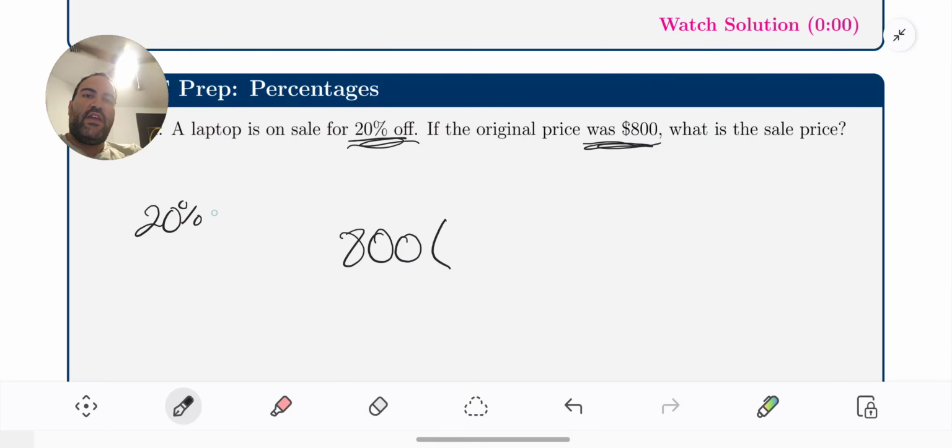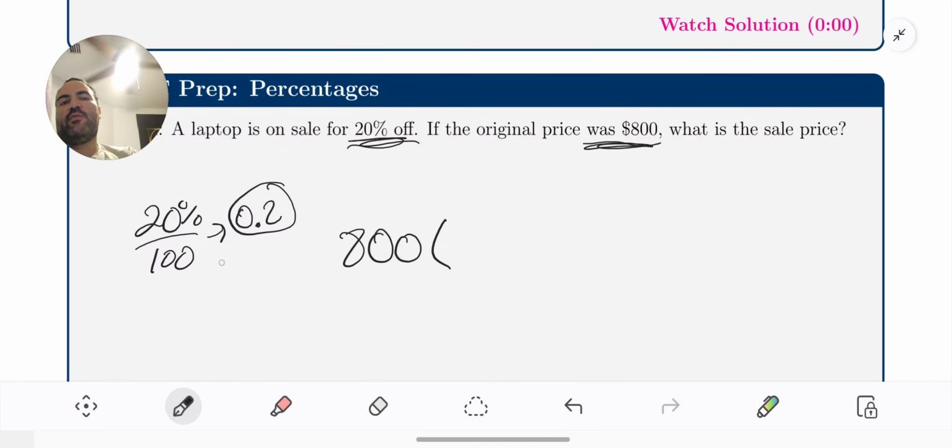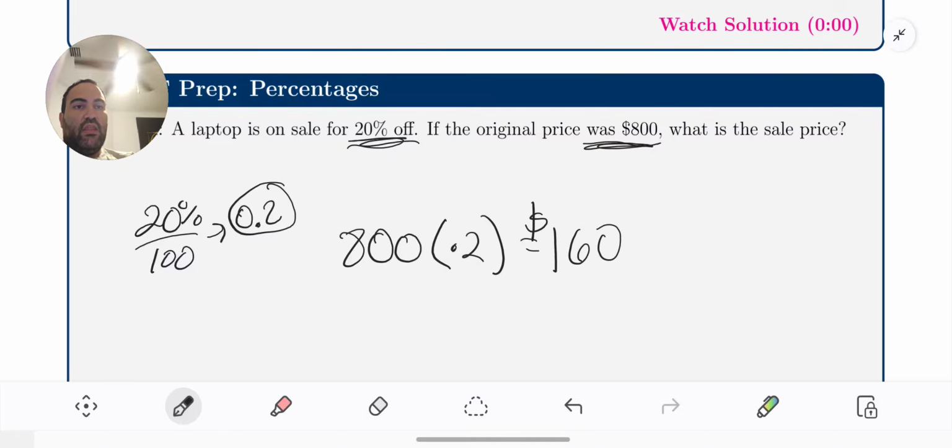The easiest way to do it is to divide by 100, and you would get 0.2. So that's the decimal form of 20%, and we're going to times that by 800. Okay? I got my calculator. 800 times 0.2. Remember, SAT is all calculator now, the digital. Hey, the answer is 160.